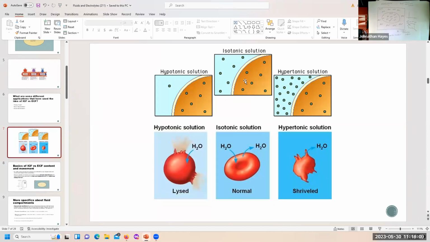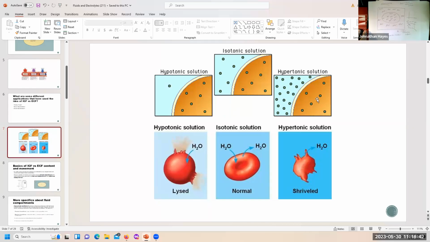So the relative number of dissolved particles per liter of solution inside of cells versus outside of cells is relatively the same, and that prevents your cells from shrinking by water going out toward a hypertonic solution or swelling by water coming in from a hypotonic solution, right?